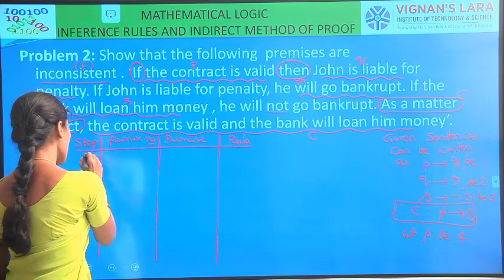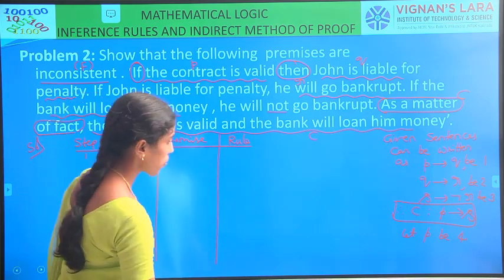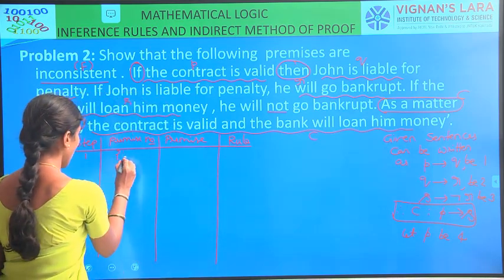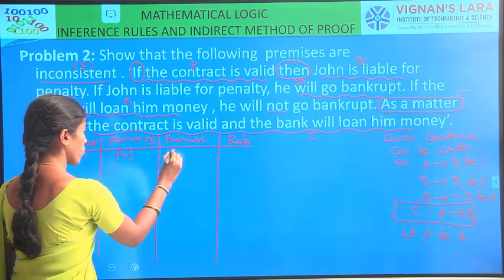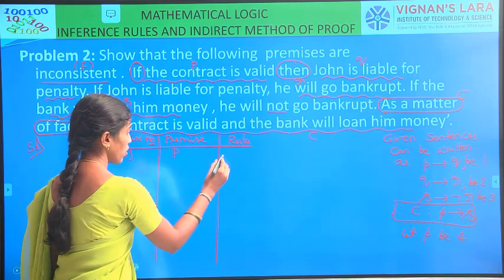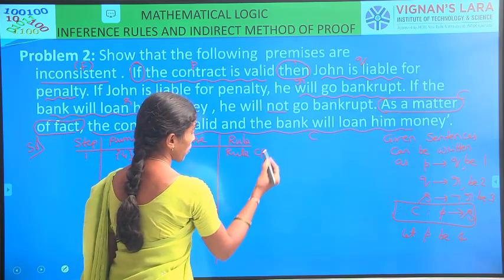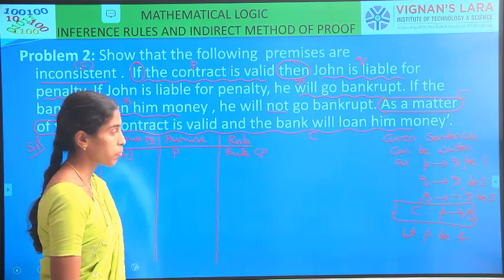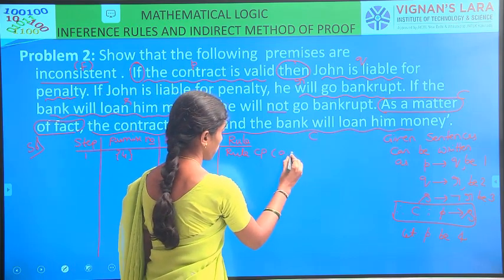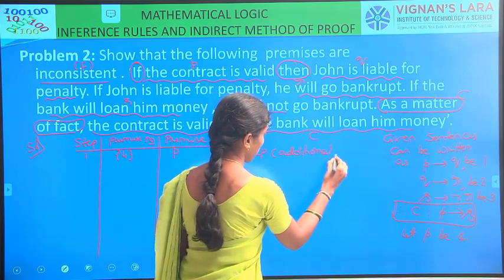So in the first step, we introduce the additional premise. It is premise number 4. We introduce P. Because we are taking it as an additional premise, we call it rule CP.